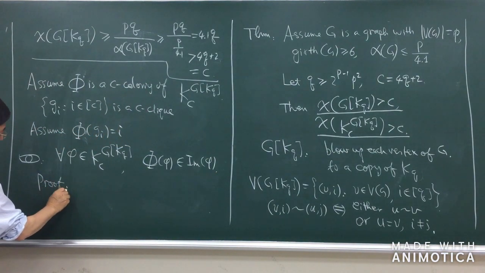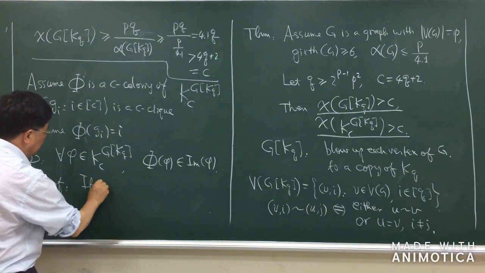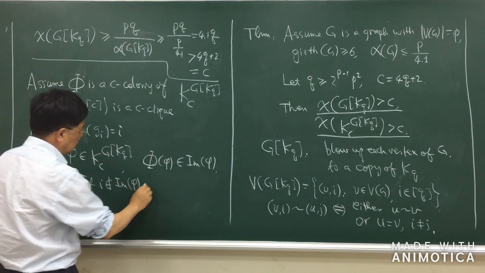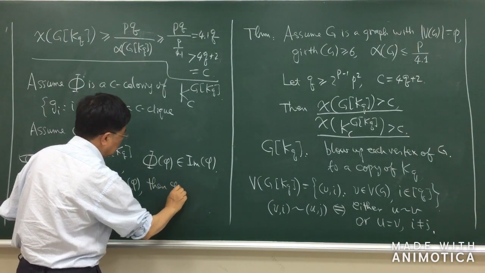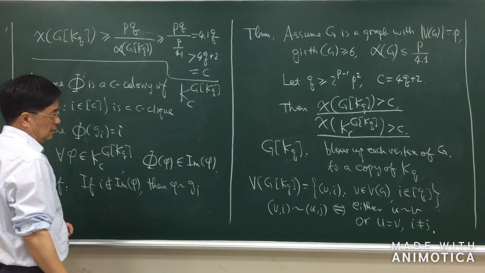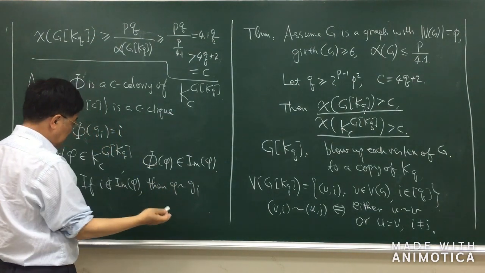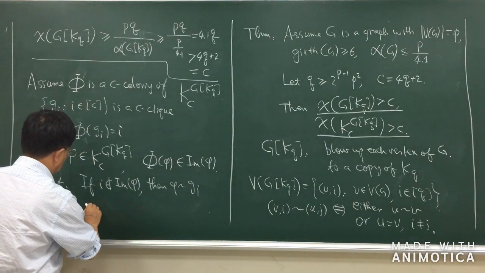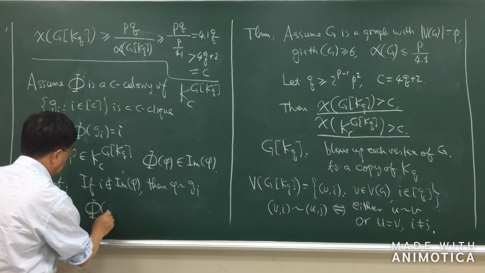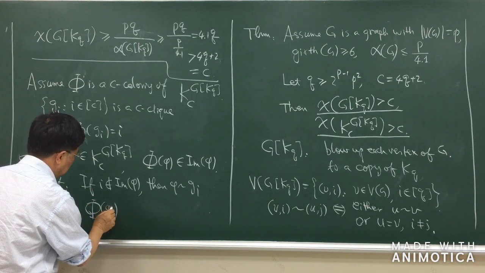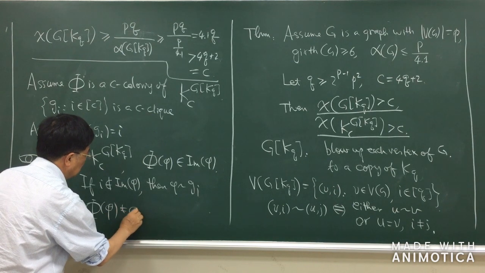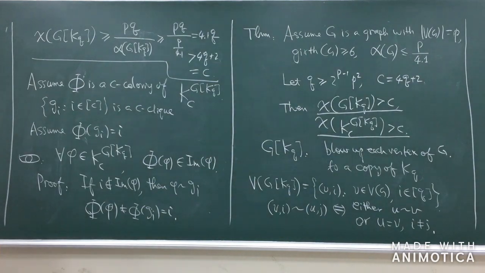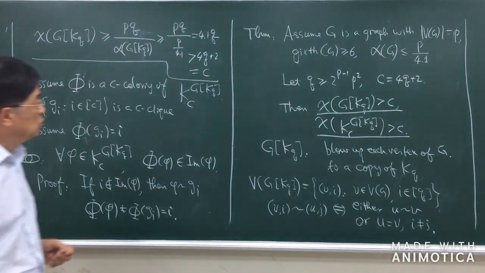Say if i is not in the image of phi, then phi is adjacent to g_i, right? Because the image of g_i is i, and i is not in the image, so it's adjacent, and therefore phi has to be different from the color of g_i, which is i, right? So i is not its color. So the color of each map has to be in the image.